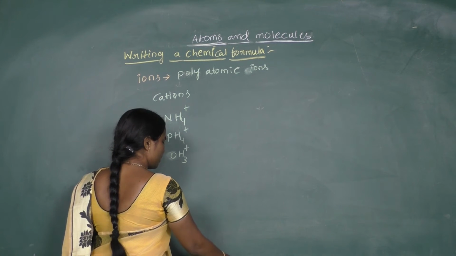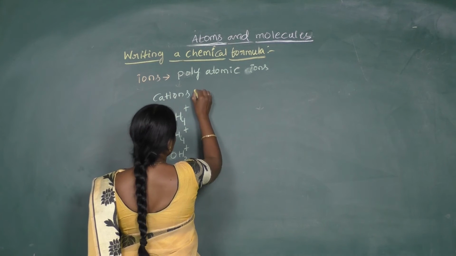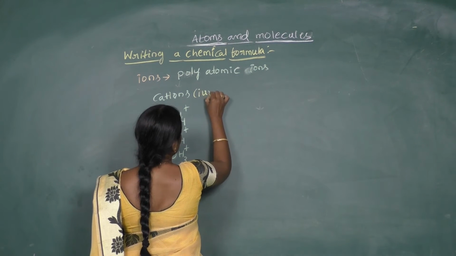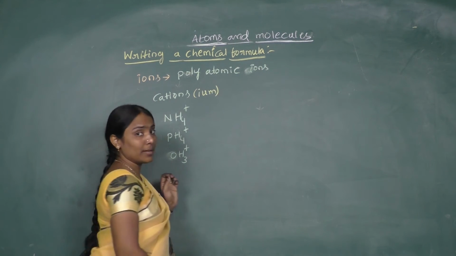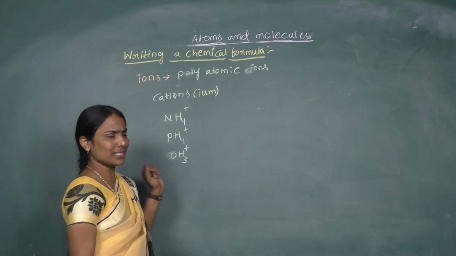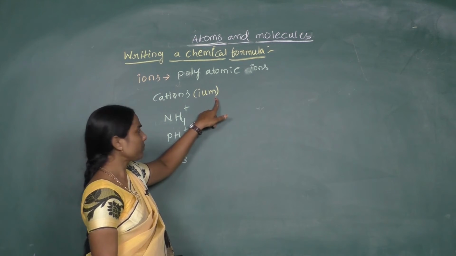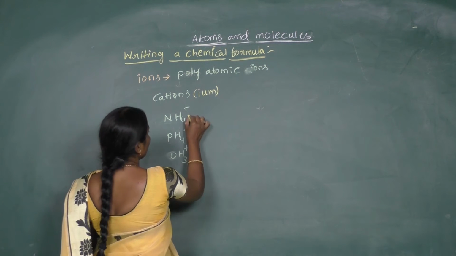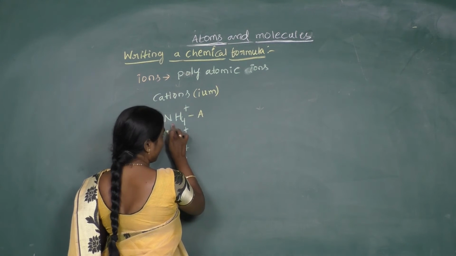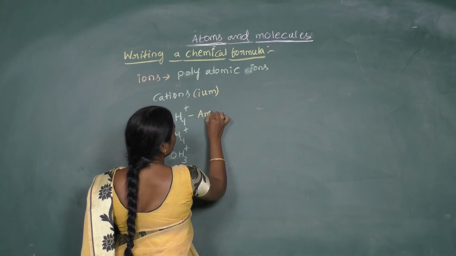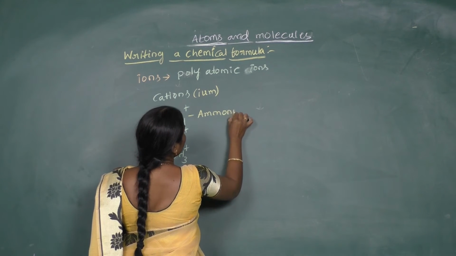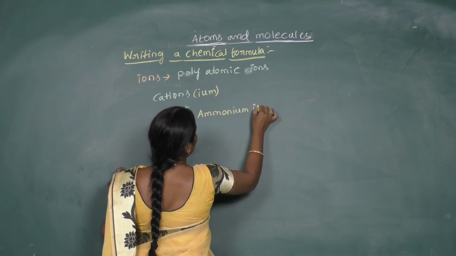Here there is one common terminology we can observe when writing the names of polyatomic cations, which is IUM. What is the name of ammonium ion? It is derived from ammonia, hence we call it ammonium ion.